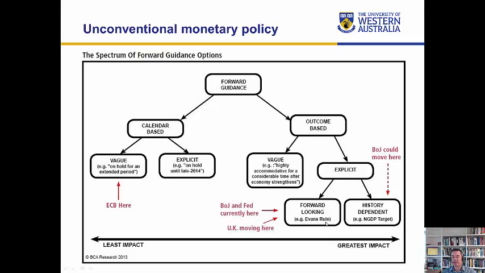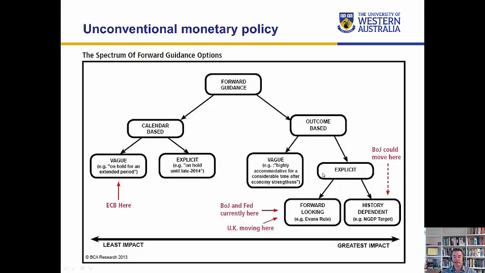Really moving into things such as the Evans rule and the GDP target is really beyond the scope of this course. So feel free to do a little bit of reading about the Evans rule and history-dependent forward guidance measures, but it really is going a little bit too far. For this course, we simply need to understand down to the vague, explicit row.